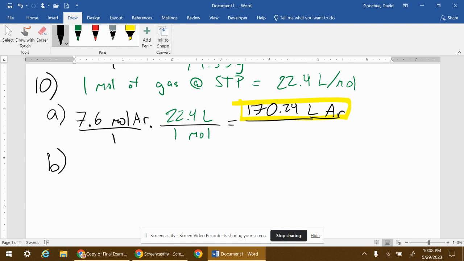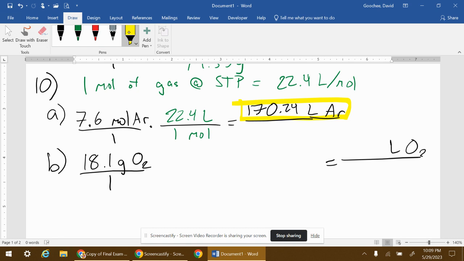Let's say instead of being given moles of a gas, you're being given 18.1 grams of O2. And we want to try and figure out how many liters of O2 that is. Now, this is a problem for us because this 22.4 liters per mole only works if we're converting with moles, but this is in grams.